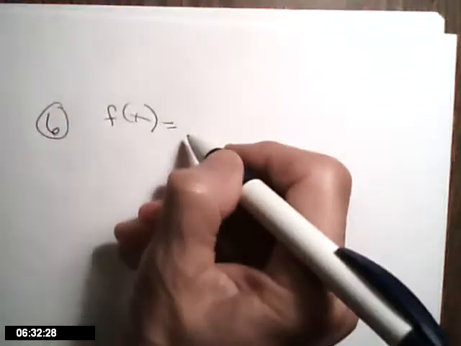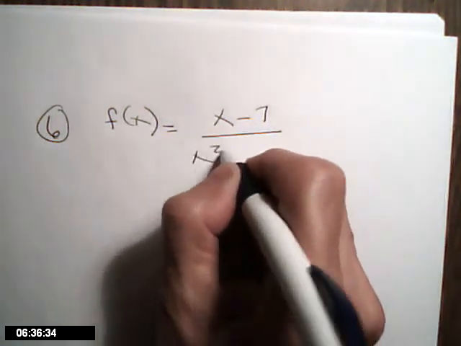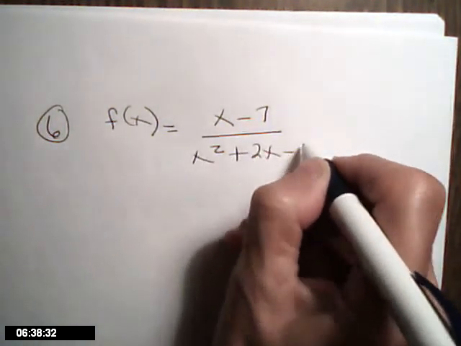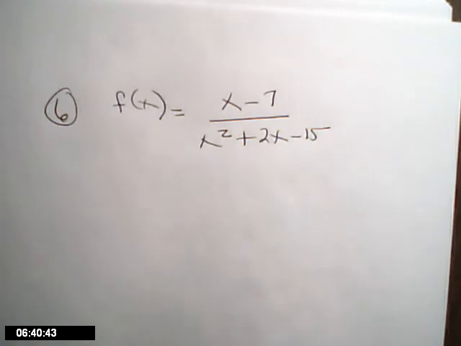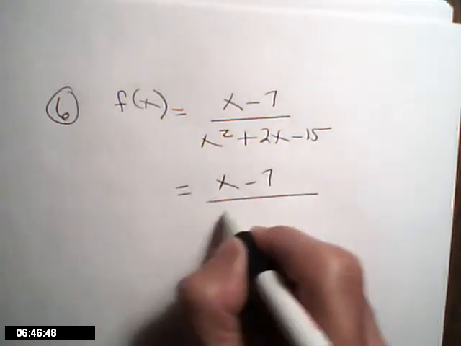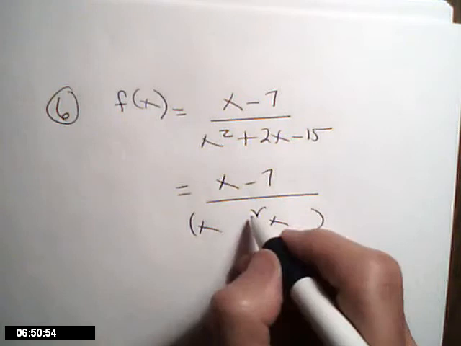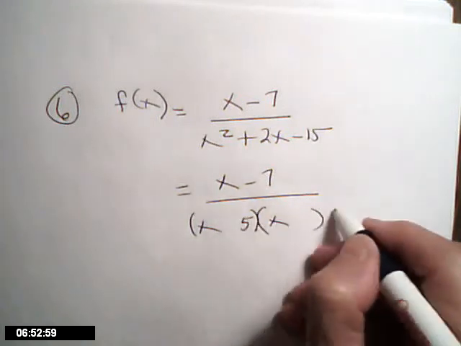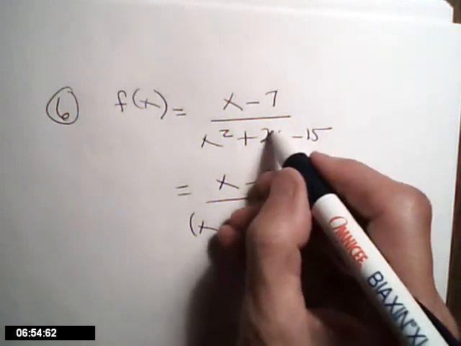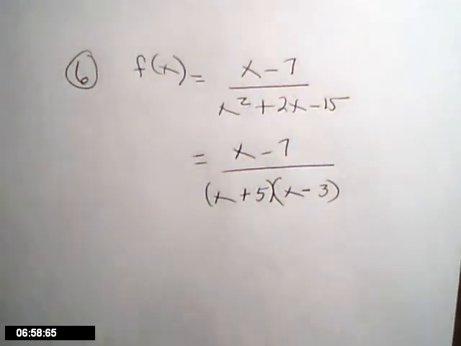The next problem is f of x equals x minus 7 over x squared plus 2x minus 15. Now I have a fraction, and my problem in a fraction is the denominator. What you need to do now is think about this in simplified form. We can factor that into 5 and 3 would give me 15. The 2 needs to be positive, so that would be positive 5, negative 3.